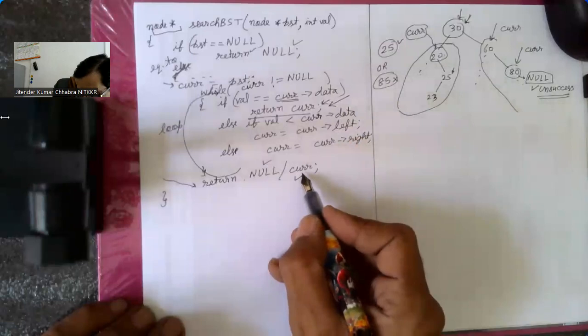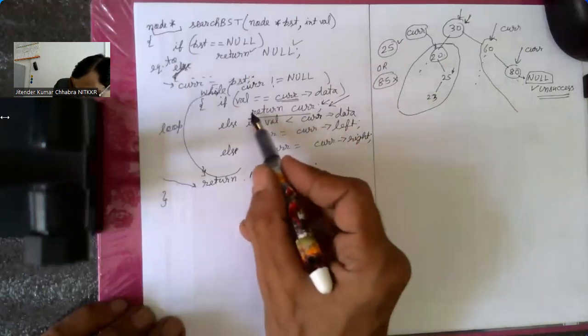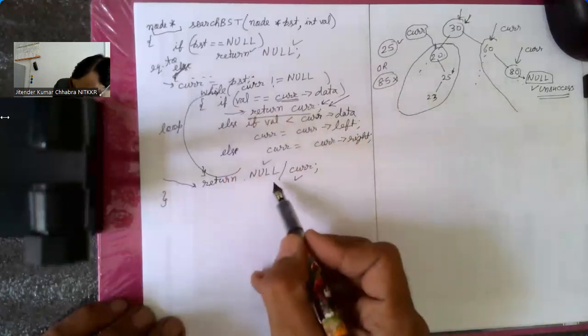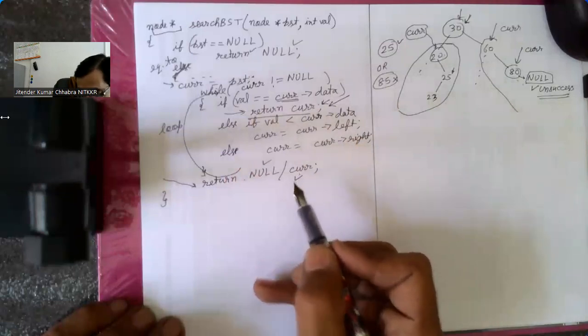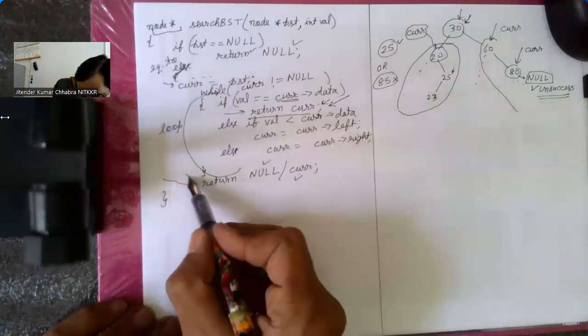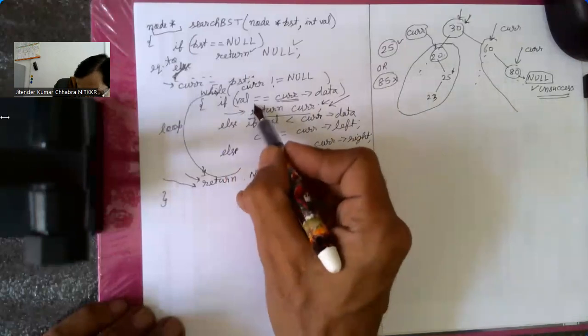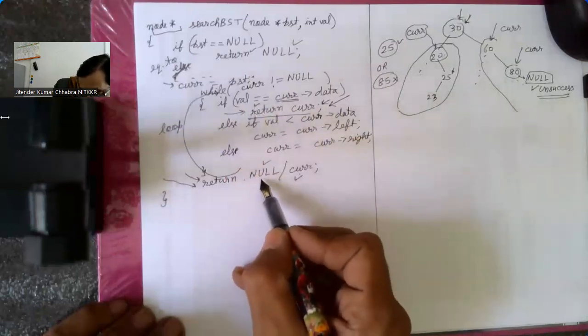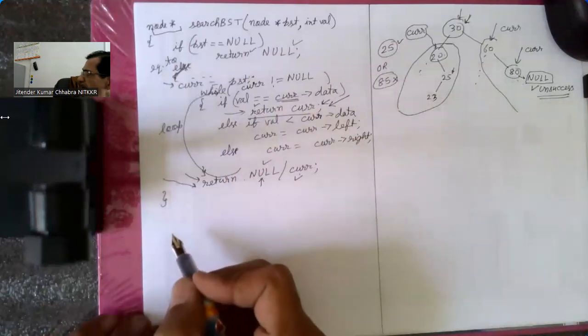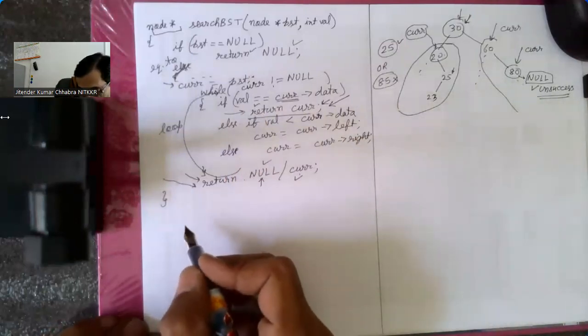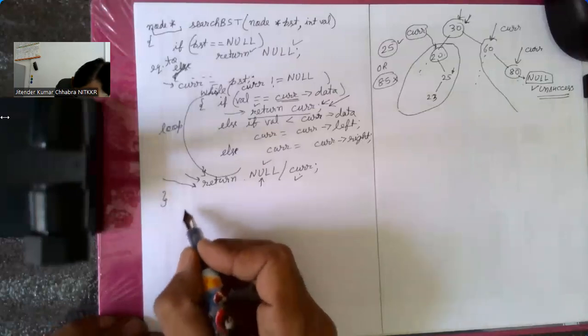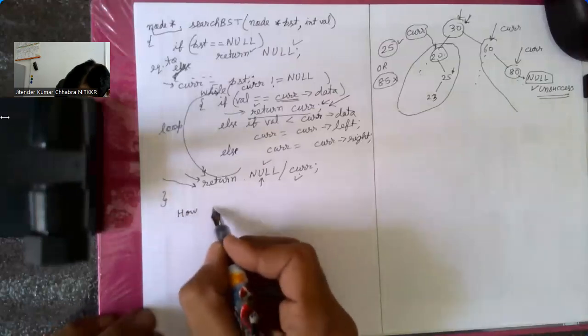In that case, you could even write a break here and then come here and directly return current for all situations. Otherwise, reaching here, if you have used return above, guaranteedly means that it was an unsuccessful case. Null should be returned. So that becomes a straightforward search logic. Then next comes how your BST will be created.